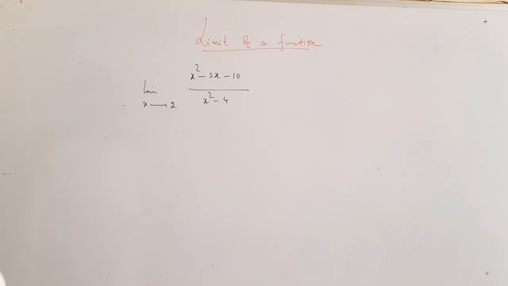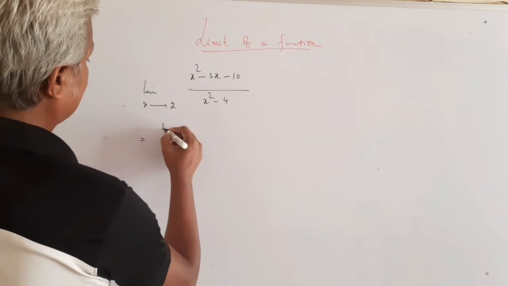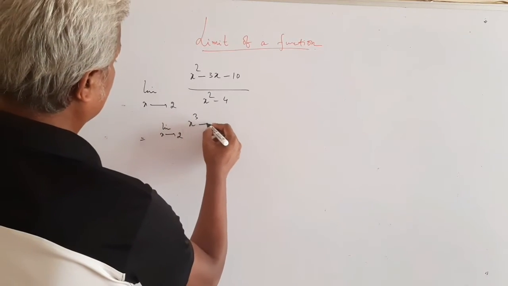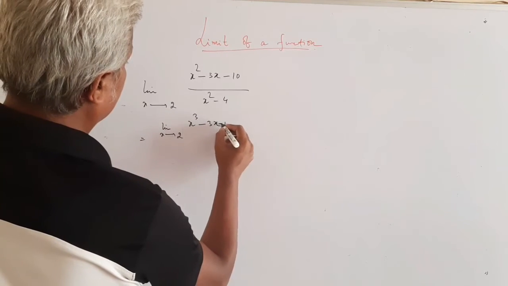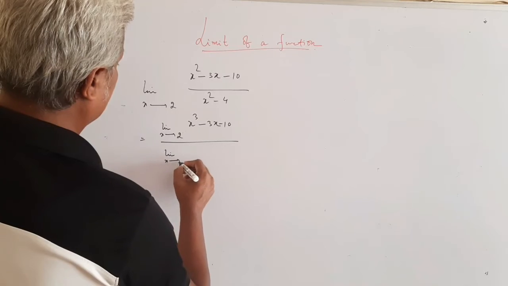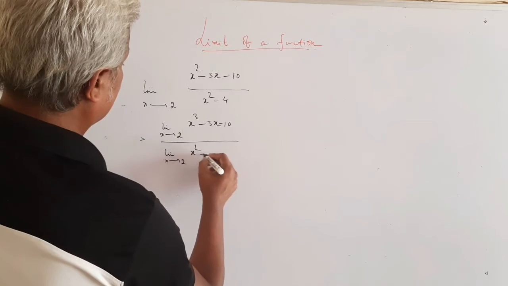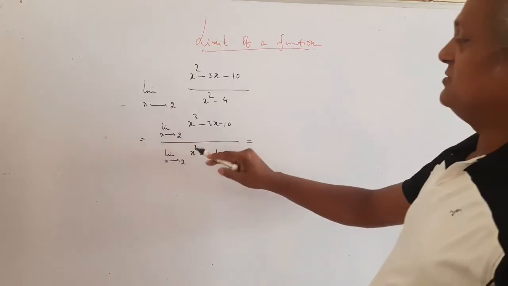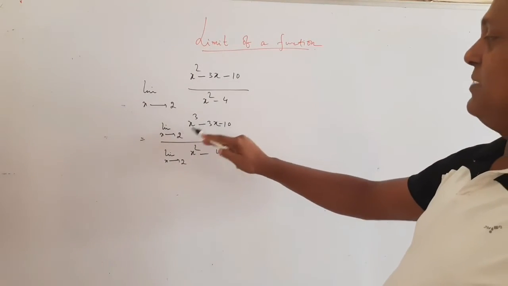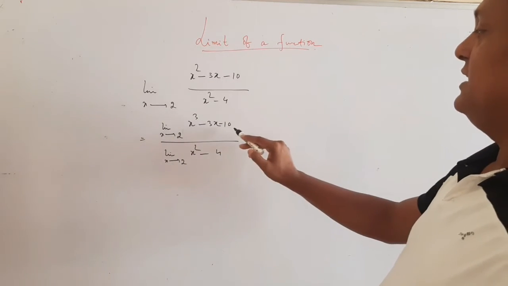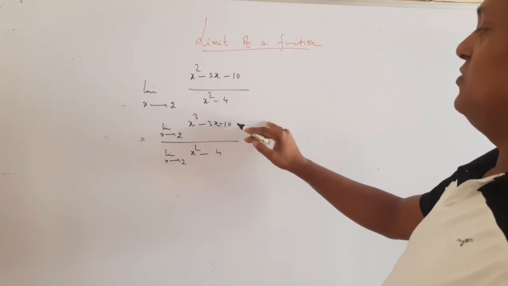So again we'll use the idea of limit, that the limit of the numerator, that is x square minus 3x minus 10, upon the limit of the denominator, that is x square minus 4. Then if I write the limit for each term, the limit x tends to 2 of x square minus 3 times limit x tends to 2 of x minus 10 times limit x tends to 2 of 1.